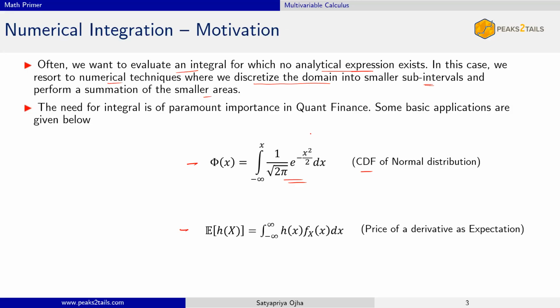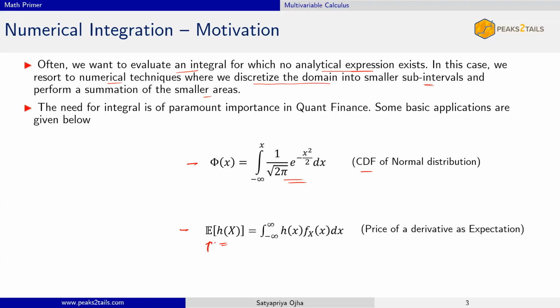And the second thing is, when do you run into integration? Well, when it comes to derivative pricing, probably the single most elegant formula that has been developed as a pricing tool is expectation. Okay, so we'll see it later that price is given as the expected value of the discounted payoff of a derivative, and the expectation is a special expectation.